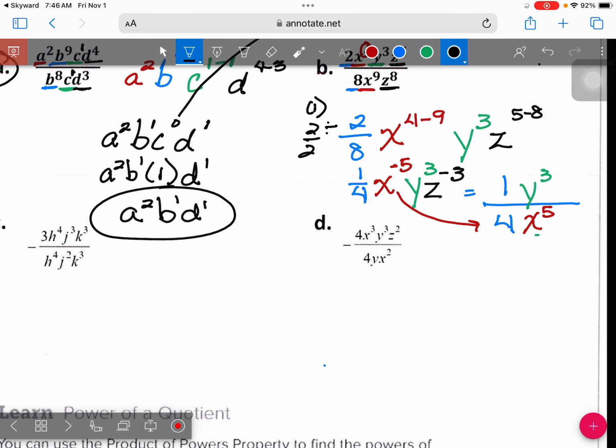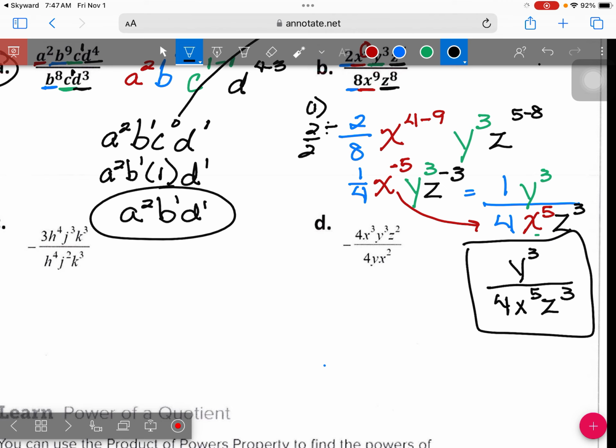Think of it that way. And that becomes z to the 3rd. So my final answer, if I simplify all this, 1 times y to the 3rd is y to the 3rd, all divided by 4 x to the 5th, z to the 3rd.